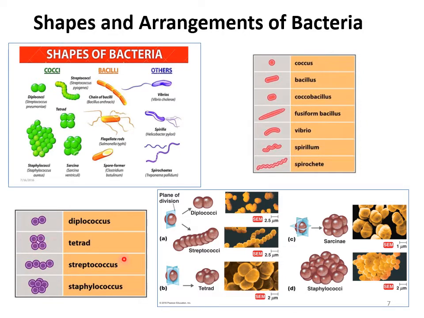And then you have streptococcus versus staphylococcus. And I want you to put stars next to both streptococcus and staphylococcus, because these will keep coming back throughout the semester, especially since two of the biggest genuses that cause infections in humans are strep and staph. And we're going to study them a lot more in the lab setting. But I want you to remember, streptococcus arrangement, as you can see here, is a linear arrangement.